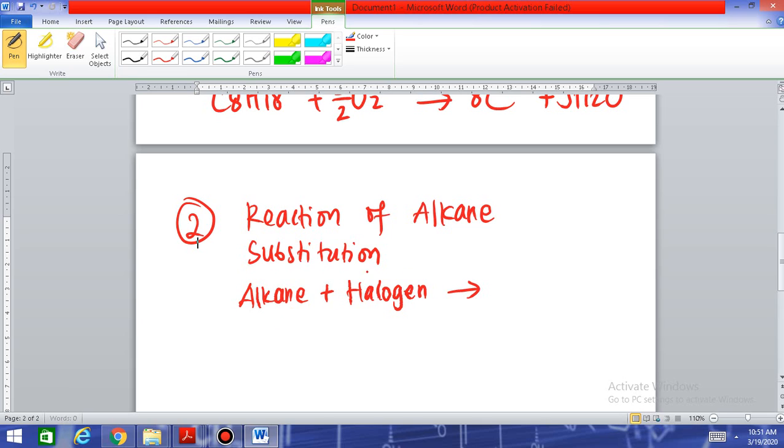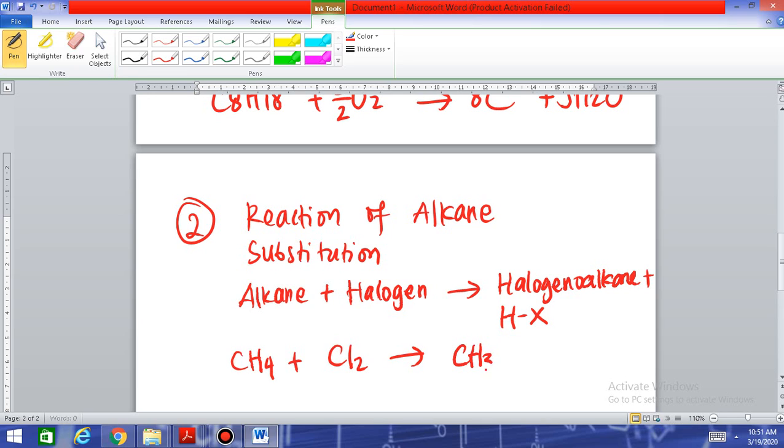Alkane can react with halogen to produce halogenoalkane, and the other product is hydrogen halide. Okay, for example, I have methane reacts with Cl2 chlorine to produce CH3Cl, chloromethane, and hydrochloric acid.